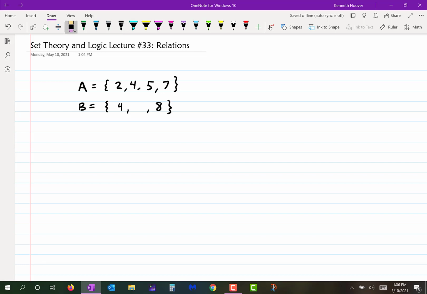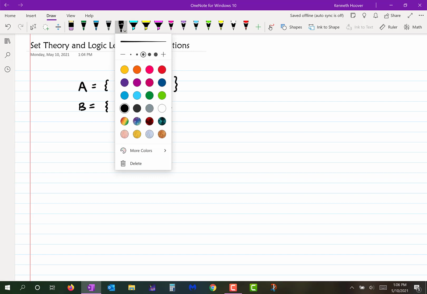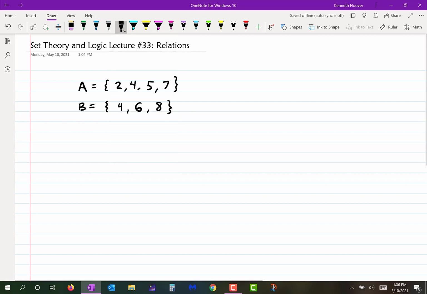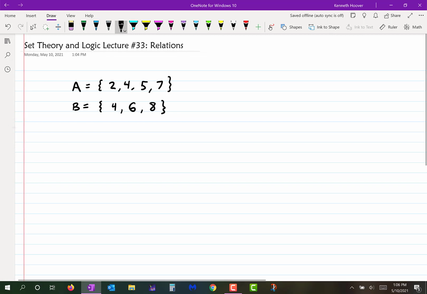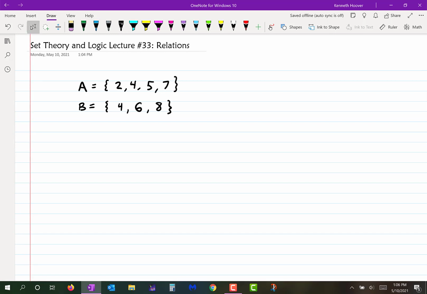Let me make that 6 look better. Okay, now, what if I say that I'm going to write down how the numbers in A, which they might not even be numbers, they might be letters, so let me say elements, how the elements of A are related in a certain way to the elements of B.